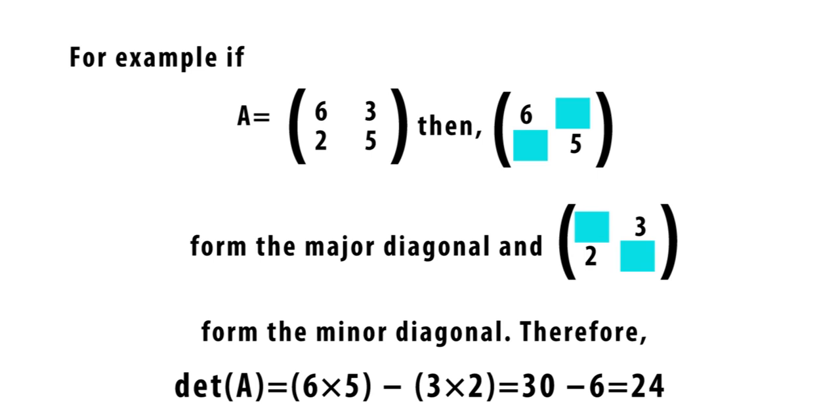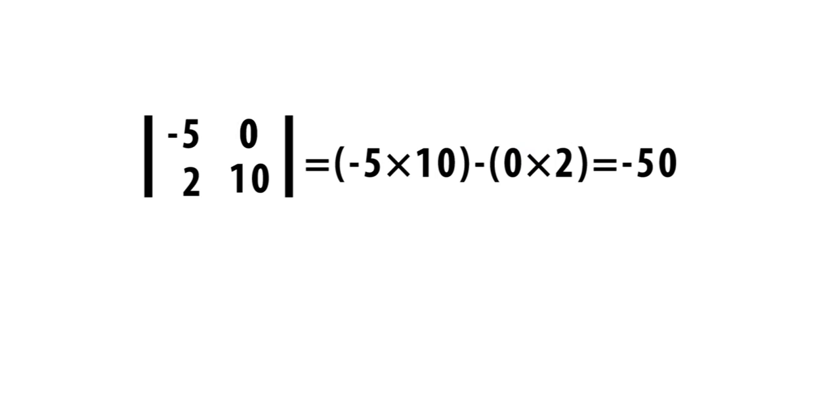Also, the determinant of -5, 0, 2, 10 is equal to -5 multiplied by 10 minus 0 multiplied by 2. That, when simplified, will give us -50.